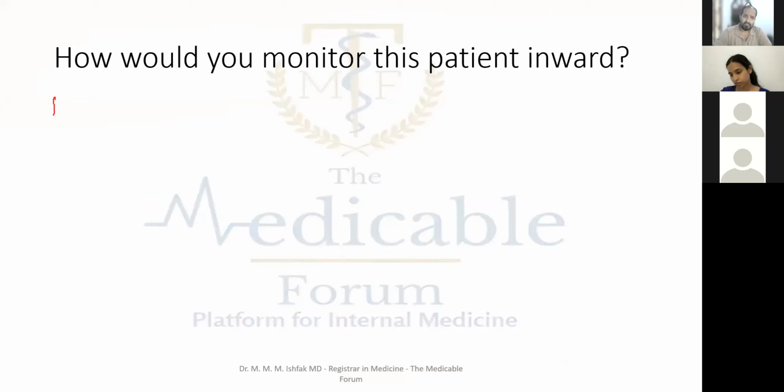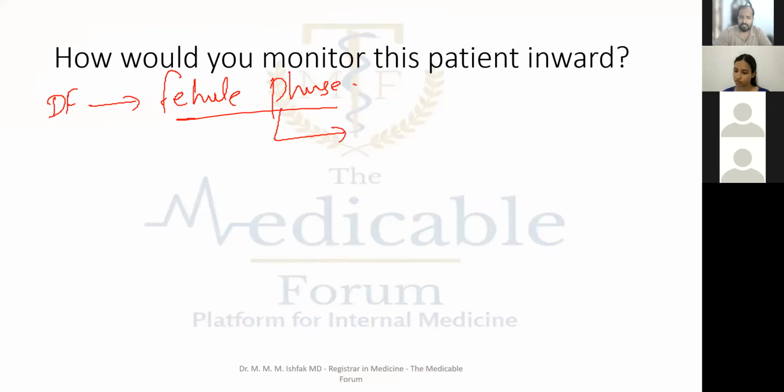Now, this is dengue fever, febrile phase. In the febrile phase, we need to monitor using something called the blue chart. I'll show you what a blue chart is. Only thing is that the chart which I have is not blue.